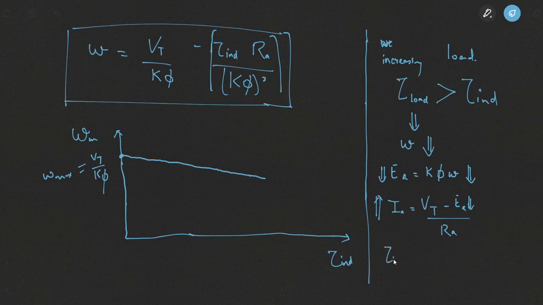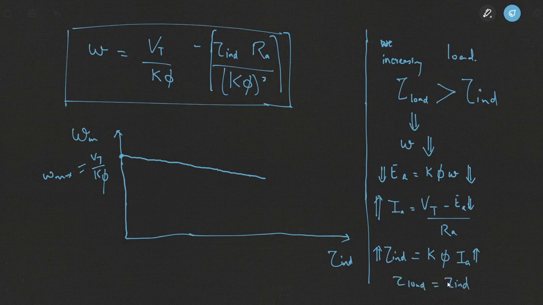If IA is increasing, torque induced, that is equal to K phi IA, will now increase. So torque induced will increase and become equal to the load torque of this machine.